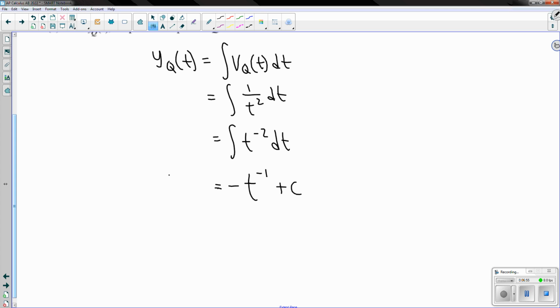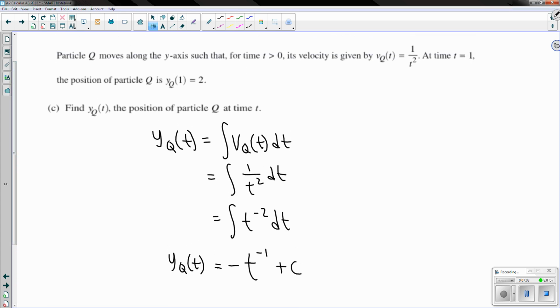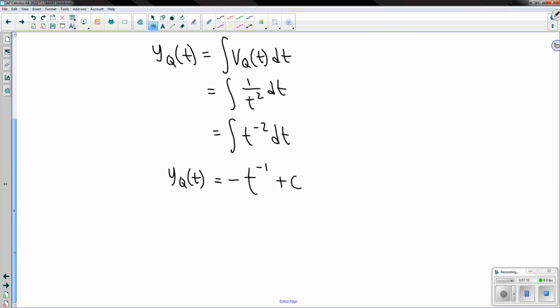So this is what our position function is as a general solution, but we want a particular solution here because we're given this initial condition along with it to allow us to find that constant of integration c. We know that when we plug in 1, it should equal 2. So this is the same thing as 1 over t, by the way, so I'm just going to put in a 1 there.